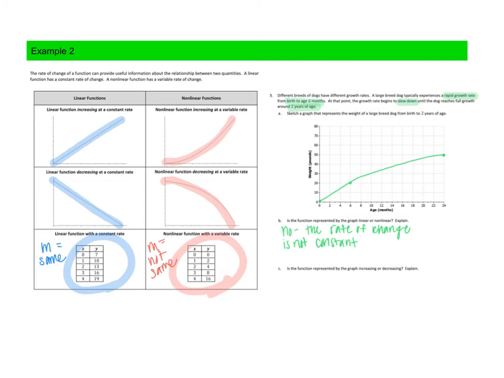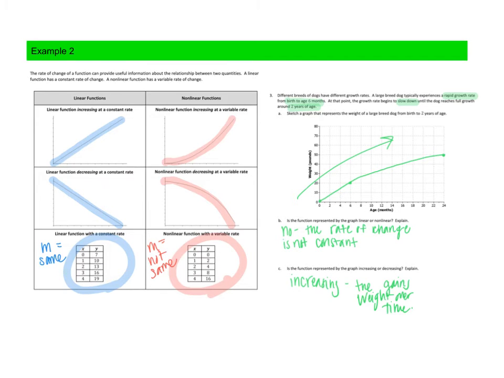Well, it's increasing. You can see that the function is going up over time. Just because it's not going at the same rate, it is still increasing. Okay? The dog gains weight over time. All right? Make sure you have that down.